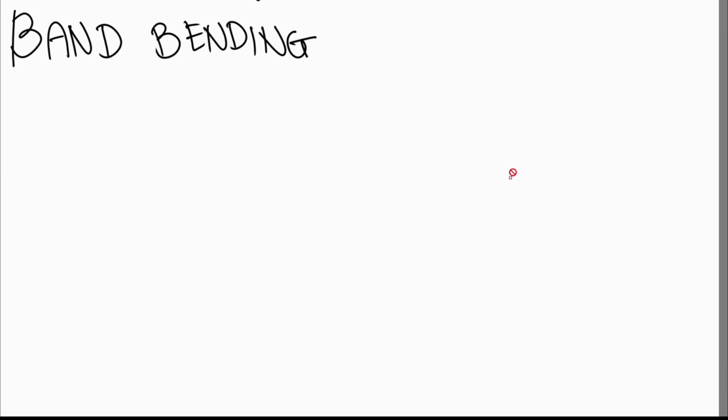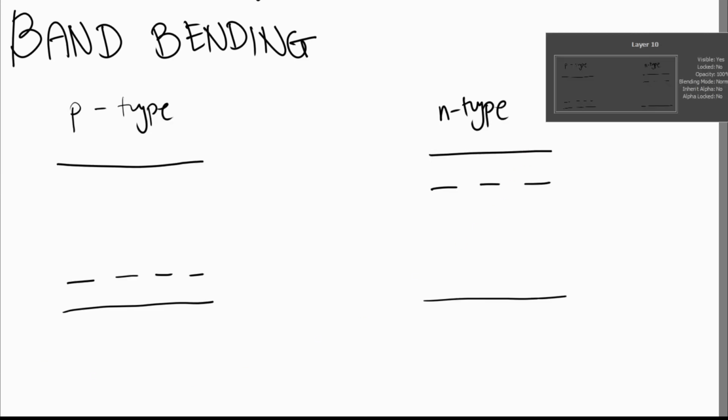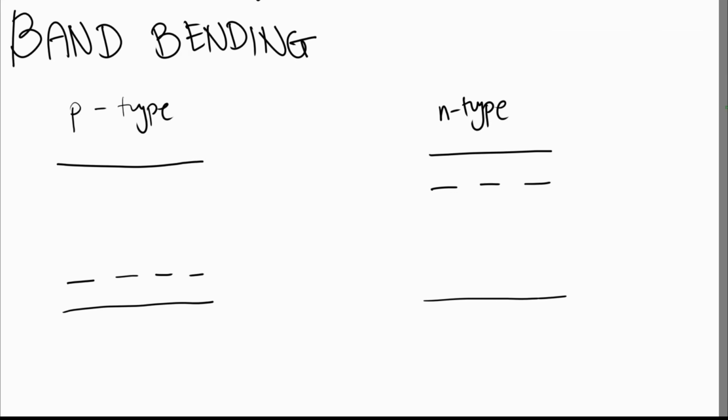So let's say we have a p-type and an n-type semiconductor. Their Fermi energies are the dashed lines here. This is the Fermi energy for the p-type and the Fermi energy for the n-type. In thermal equilibrium, these two must be equal. They must both be the same.